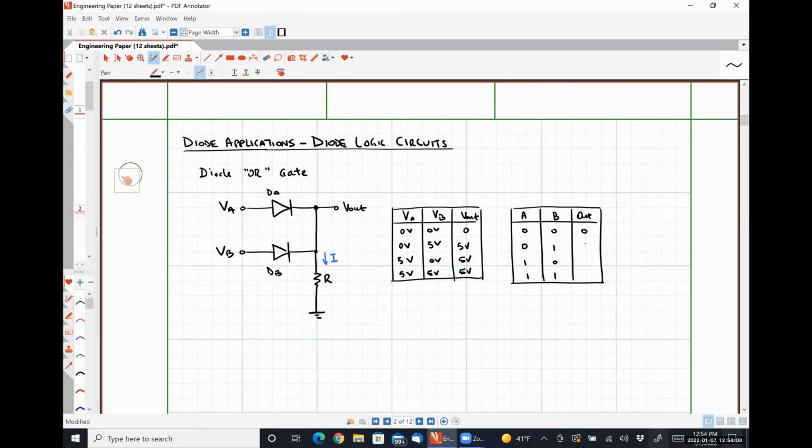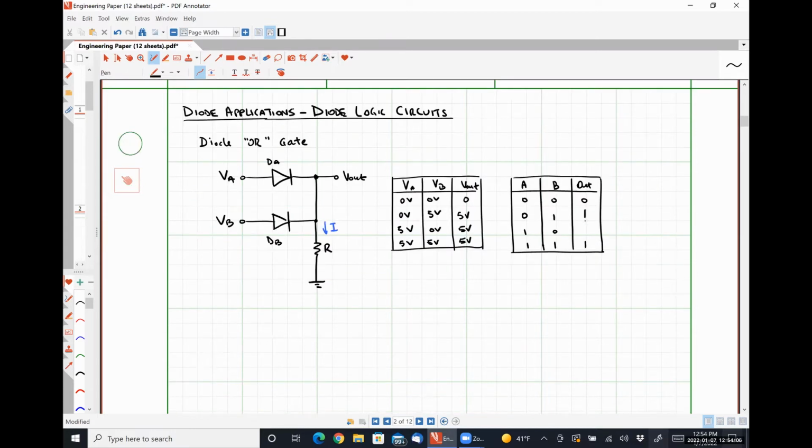And so we get 0, 1, 1, 1. Okay. So that's a diode OR gate. We could make more and more inputs just by putting more and more input signals and more diodes in, right? I don't recall off the top of my head how many inputs your design project for an OR gate specifies, but pretty straightforward.